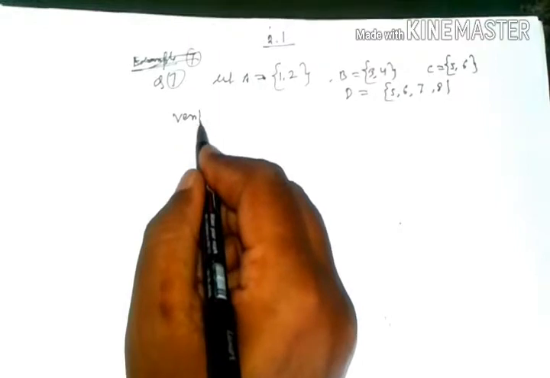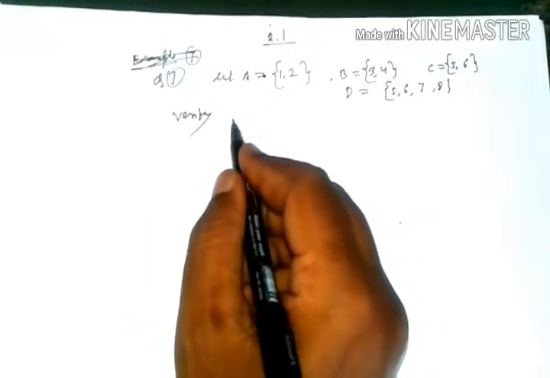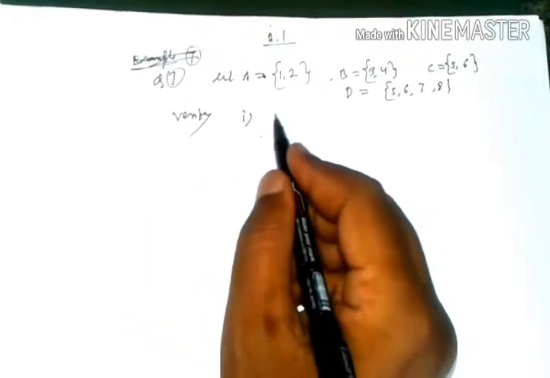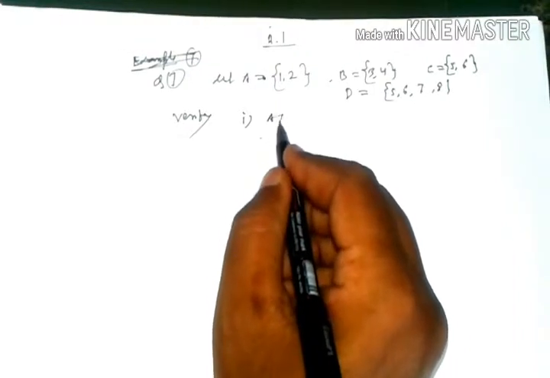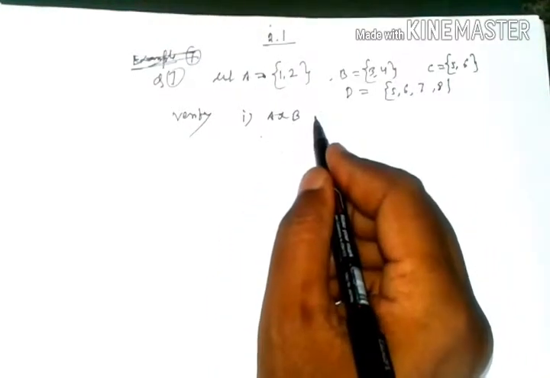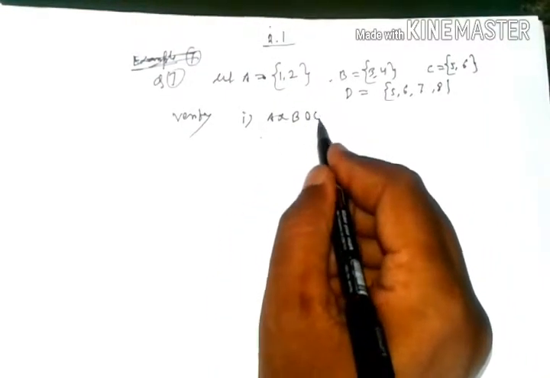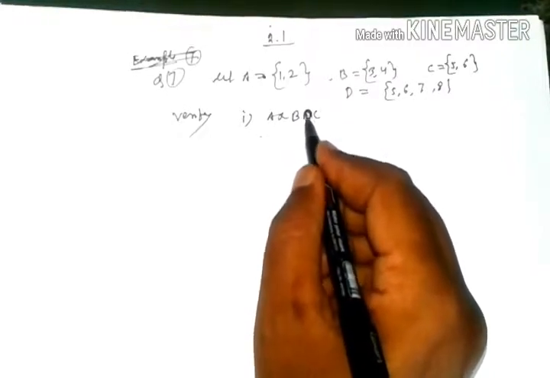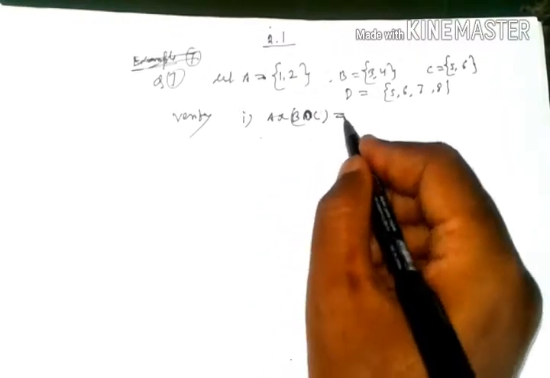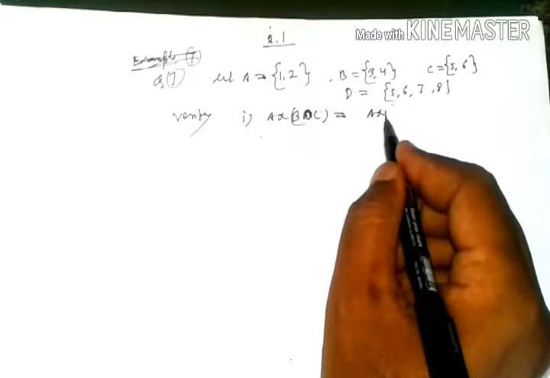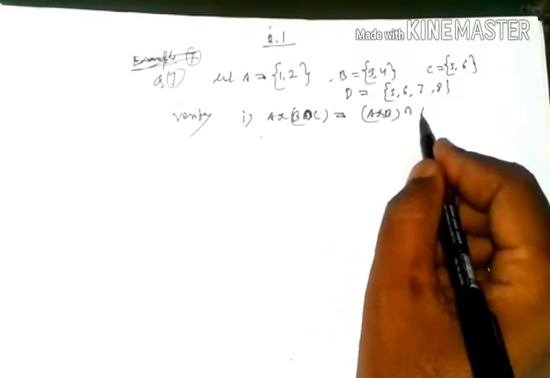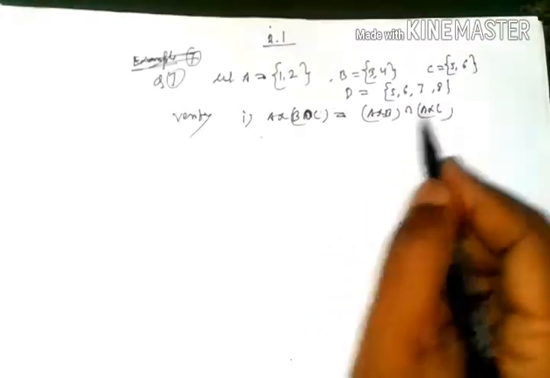Verify, part 1: A cartesian product (B intersection C) is equal to (A cartesian product B) intersection (A cartesian product C).